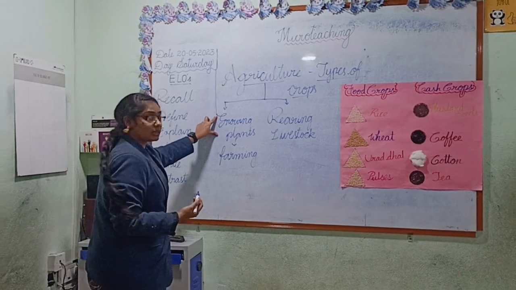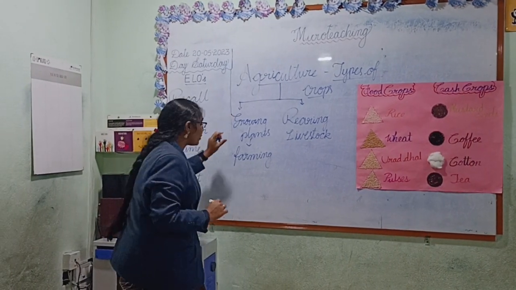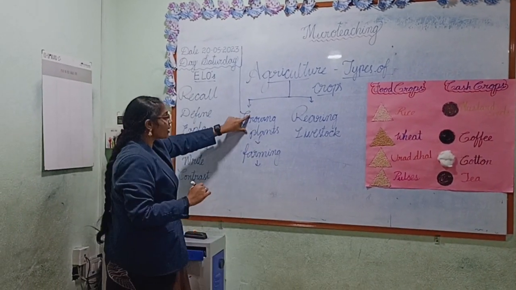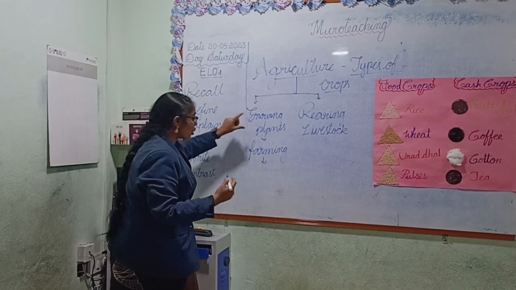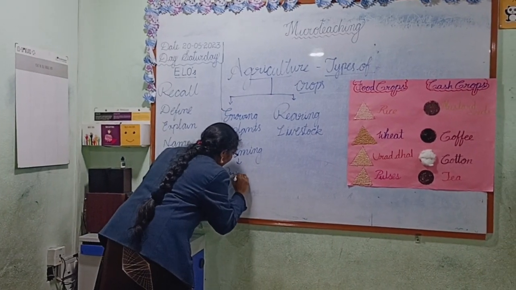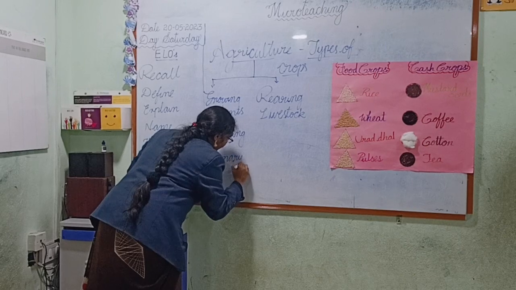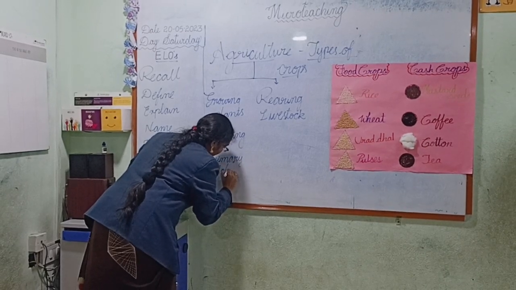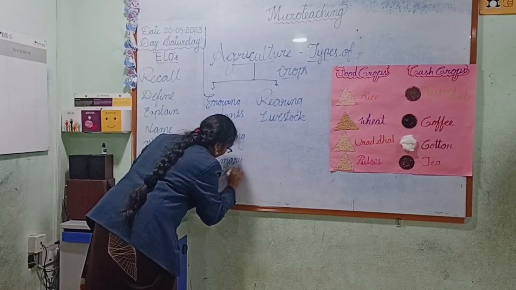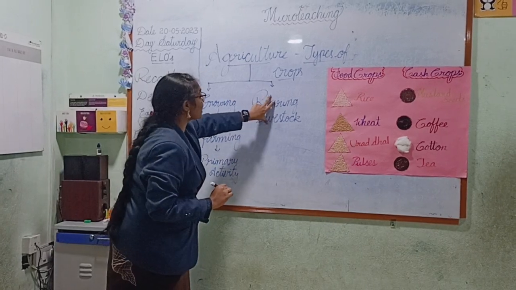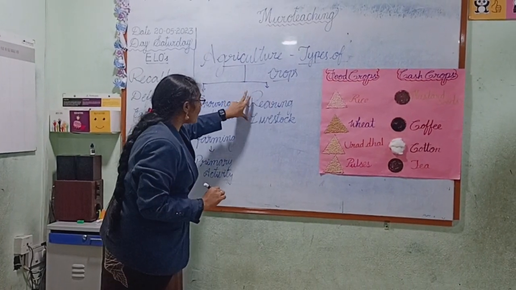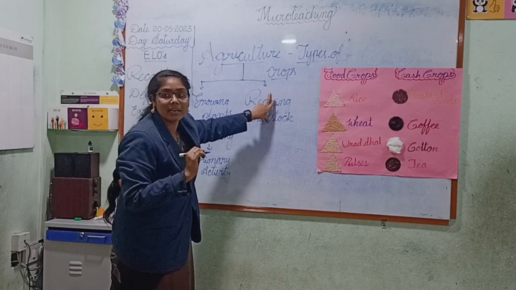All come under the primary activity, growing agriculture crops. And let us see the secondary activity. Rearing livestock comes under secondary activity.